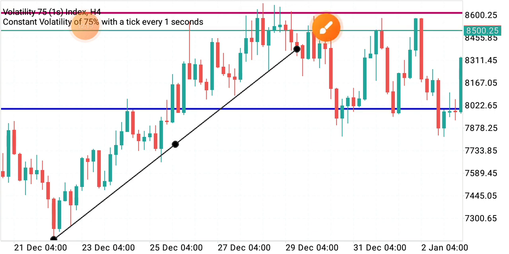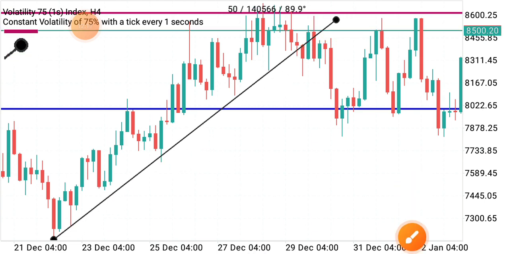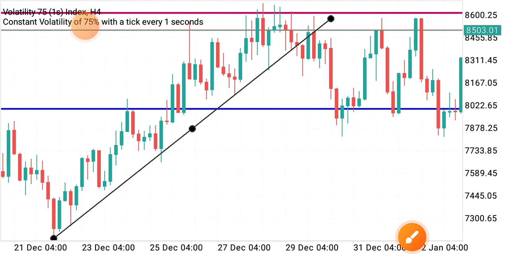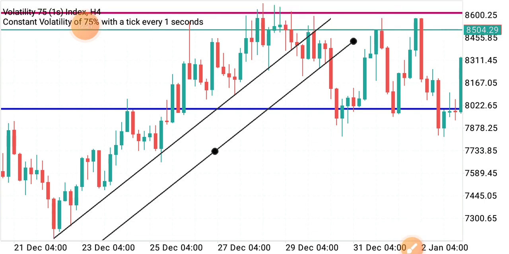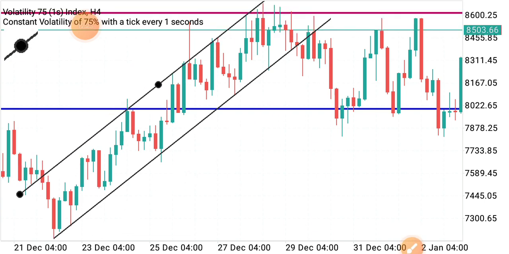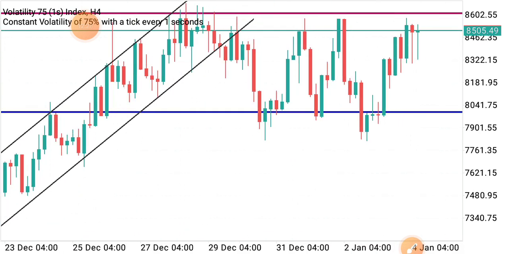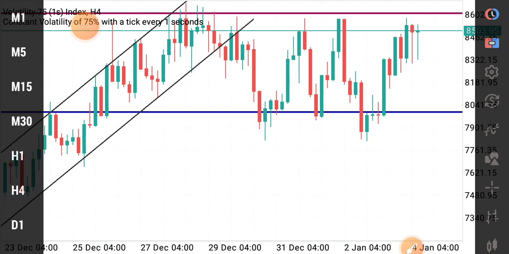Okay, let me just get this, and let's duplicate this. Can put it above here like this. You see, guys, so there was an uptrend here, and later it broke out. So what are we saying, guys?